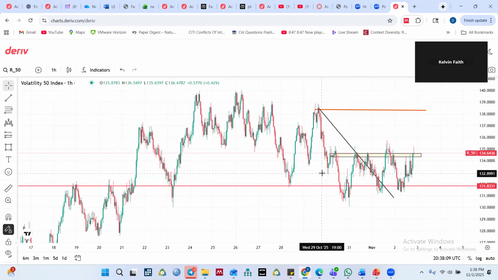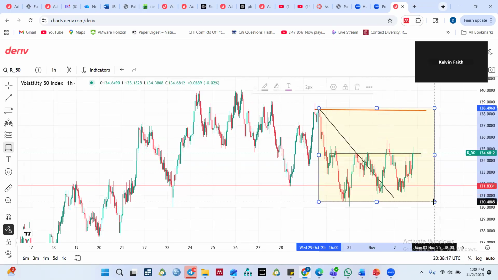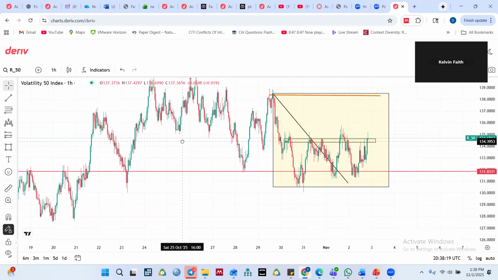Another thing is that if you look at this whole pattern here, what does it look like? Does it not look like a flag to you guys?